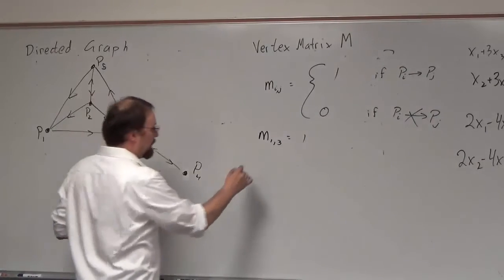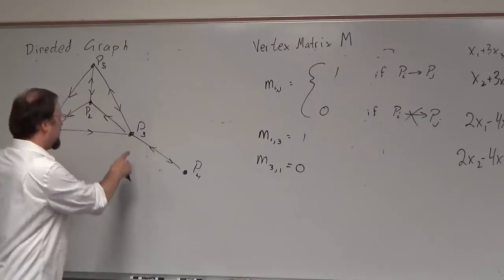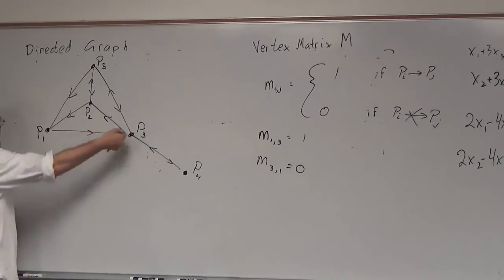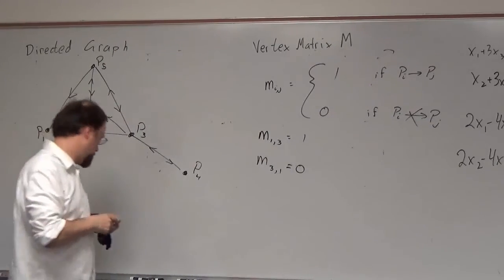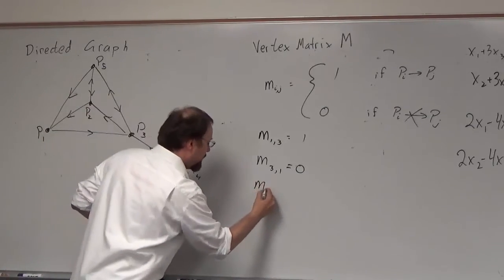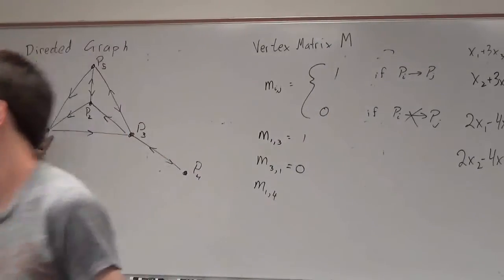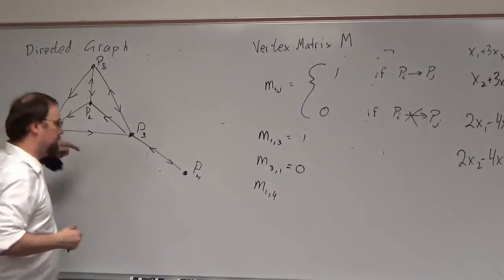So for example, M31 would be 0, correct? Because I can't get from vertex 3 to vertex 1 in one step. And likewise M1,4, there's no directed edge directly from vertex 1 to 4. I hope that's clear.